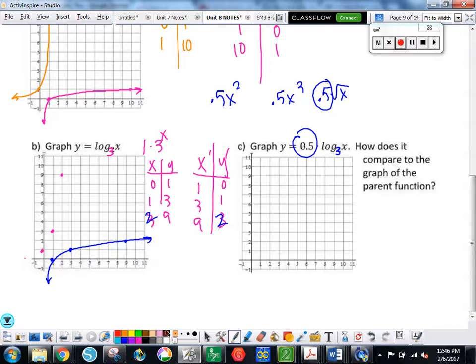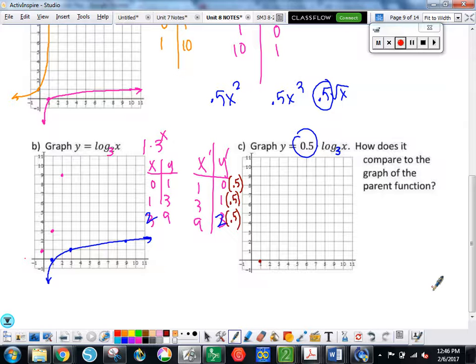Let's take all of the up and multiply it by 0.5.